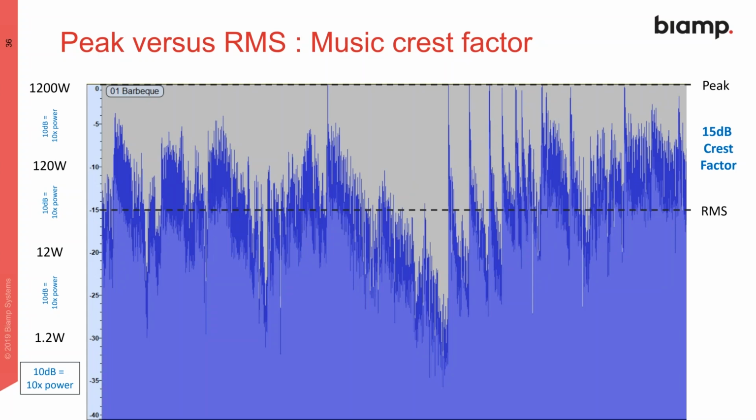Now we talked about the scaling. For every 10-fold increase, for 10 times the power of the amplifier, we get a 10 dB increase. So we can look at our scale and say, okay, we've got 0 at our peak, 10 dB down is going to be 1/10 of the amplifier power.